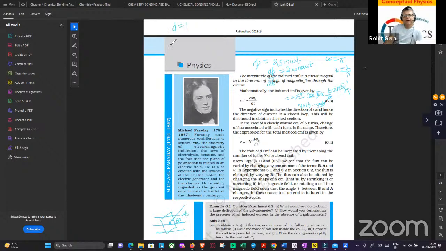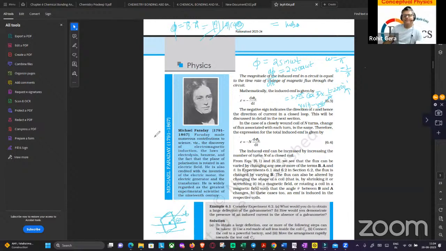Flux is given by B dot A. It's a dot product, which is B A cos of the angle between them. तो उसे cos 60 डाल देंगे. B की वैल्यू टेस्ला में दी होगी, A will be given in meter square. So you will say these many Webers of flux is flowing through this coil, closed loop.